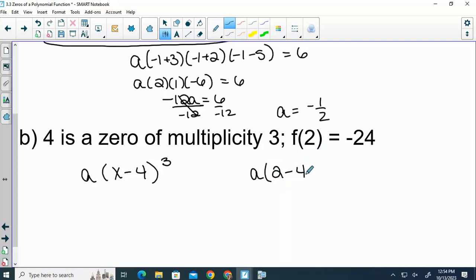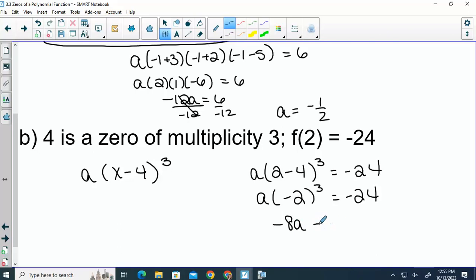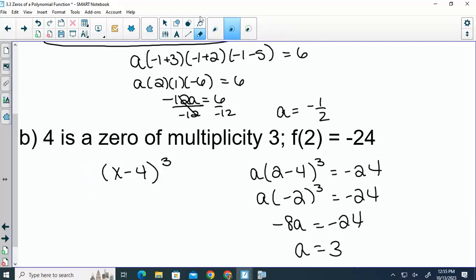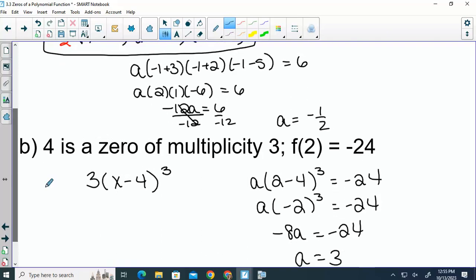So if we put in a 2, that's equal to negative 24. Divide and get a equals 3. So this one we have to have 3 times x minus 4 cubed.